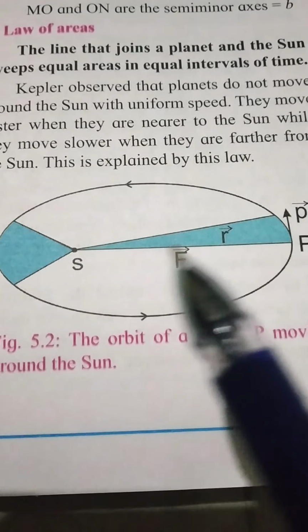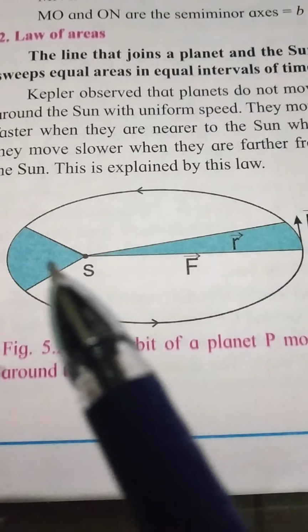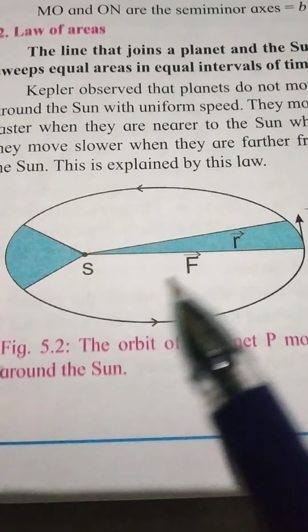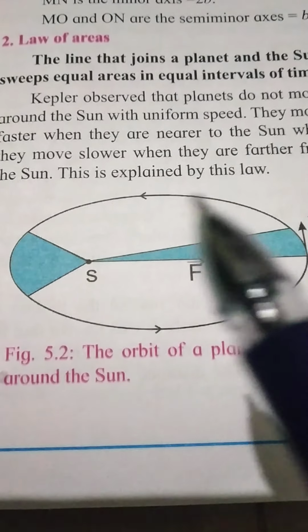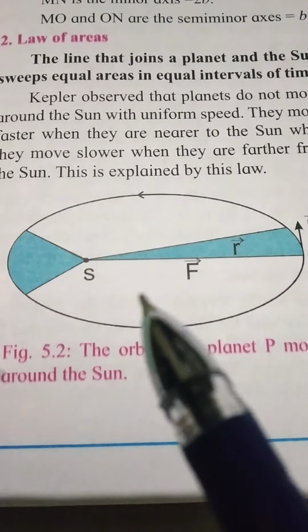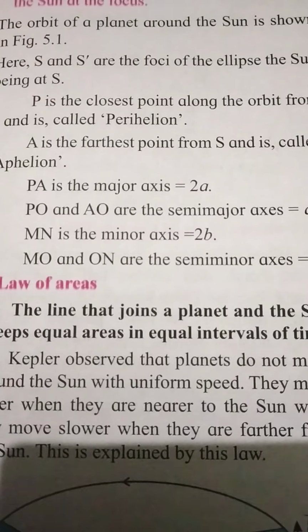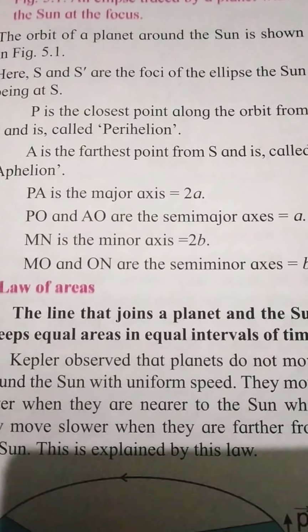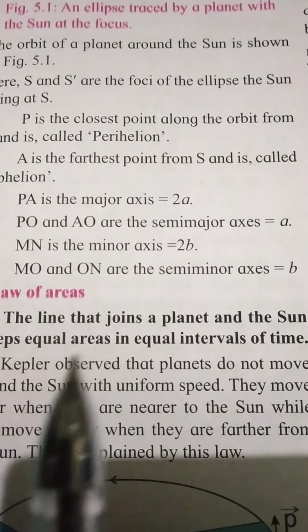So the time period for the motion over the area is the same. So the average speed is the same for the motion in the orbit of the planet. So this law of areas gives the explanation of equal intervals of time and area.